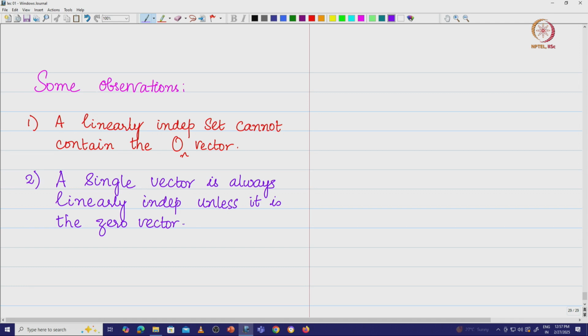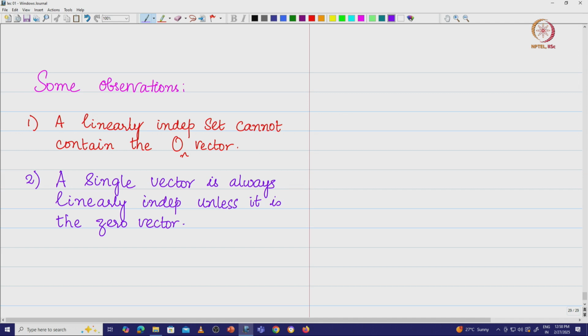Because if the vector is a non-zero vector, then the only way in which you will get the 0 vector is by making the scalar 0, and the moment the single vector is a 0 vector, that set is already linearly dependent. So, this is one of the most important things that you need to know.